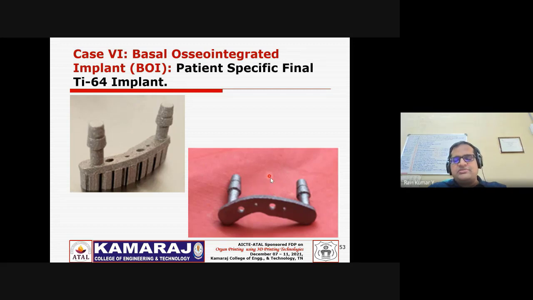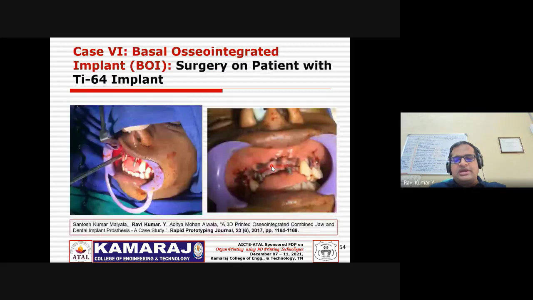So autoclaving has been done, and as per the FDA standards and guidelines, we need to ultimately follow the regulatory standards and the ethical committee guidelines. Then it was fitted during the surgery, where you can see it before fitting and after the final fitment of this implant inside the patient's mouth. This has been printed and it has been implanted.